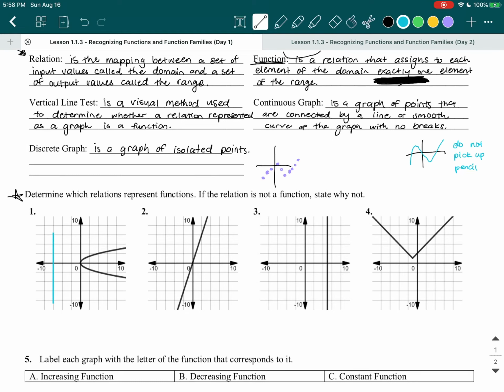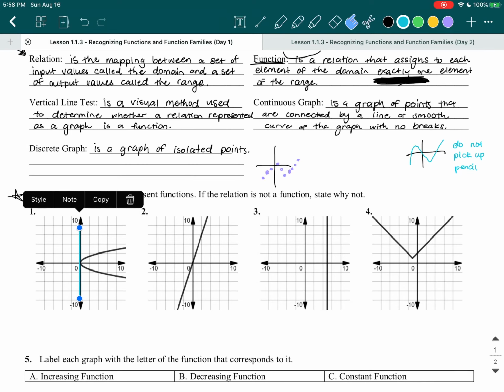All right, you can see that blue line. Now I want you to imagine if I took this blue line and I just dragged it left and right. Let's see if this blue line will ever touch more than one spot on the graph.